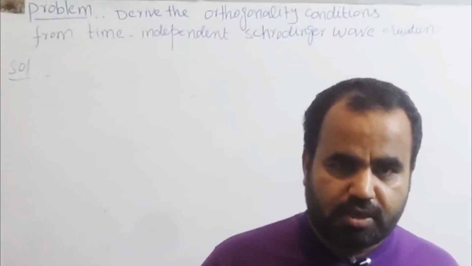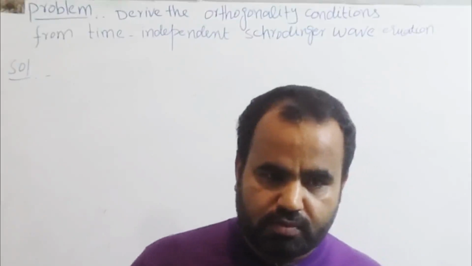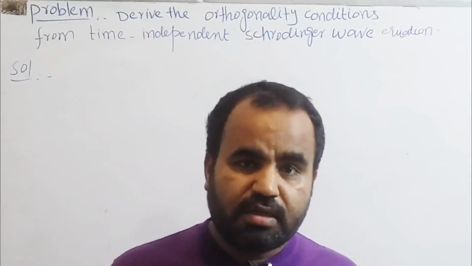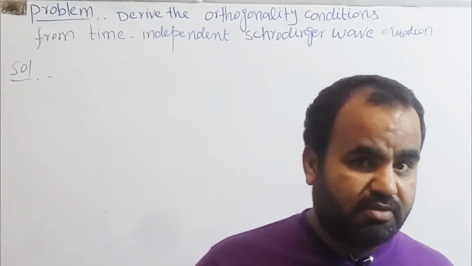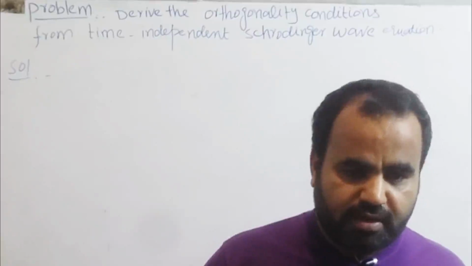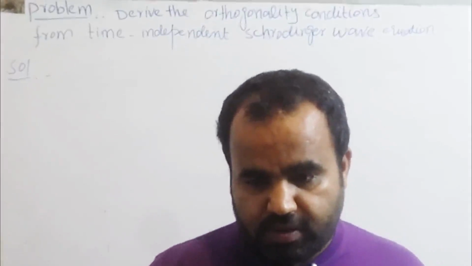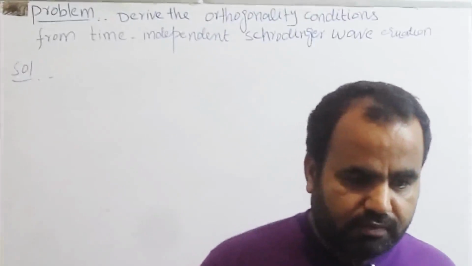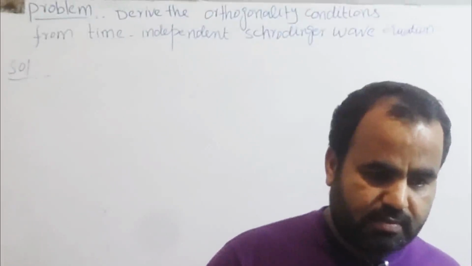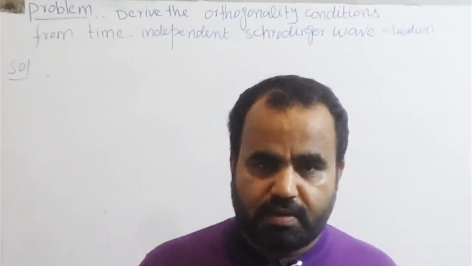Two functions are said to be orthogonal if their integral is equal to 0, with the limit from minus infinity to infinity. If the value of the integral is 1, then we say that the system or those functions are orthonormal.